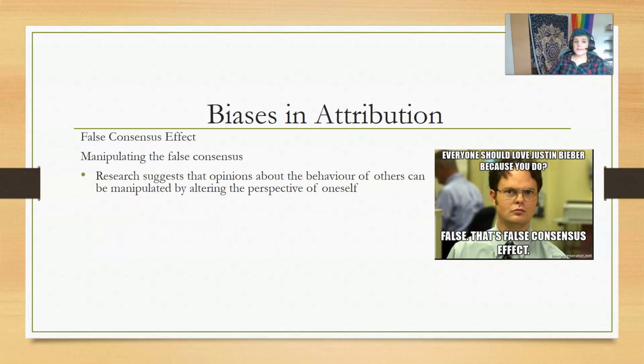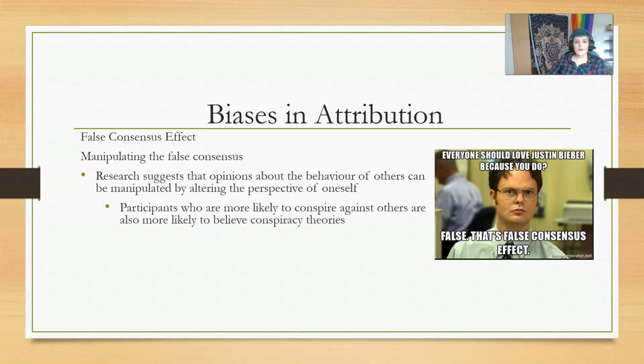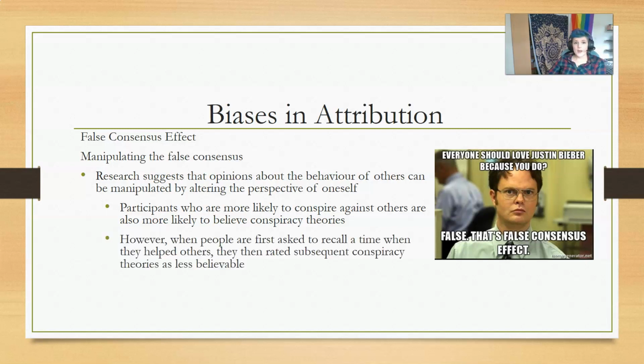It is possible to manipulate the false consensus. Research suggests that opinions about behaviour of others can be manipulated by altering the perspective of oneself. For example, participants who are more likely to conspire against others are also more likely to believe in conspiracy theories. However, when people are first asked to recall a time when they helped others, they then rated subsequent conspiracy theories as less believable.